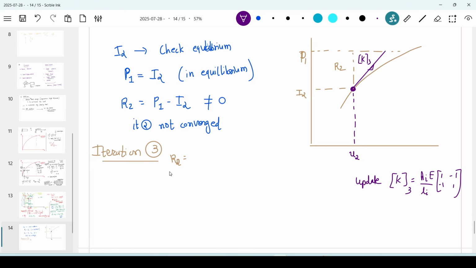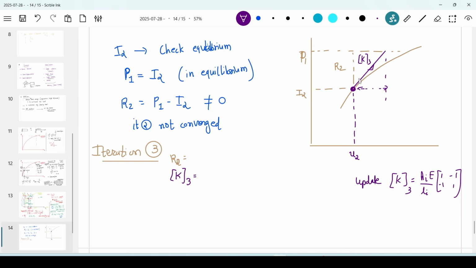So R2 is from the previous increment, and k needs to be updated, so we can find k3. From this y and this slope I can find this x.